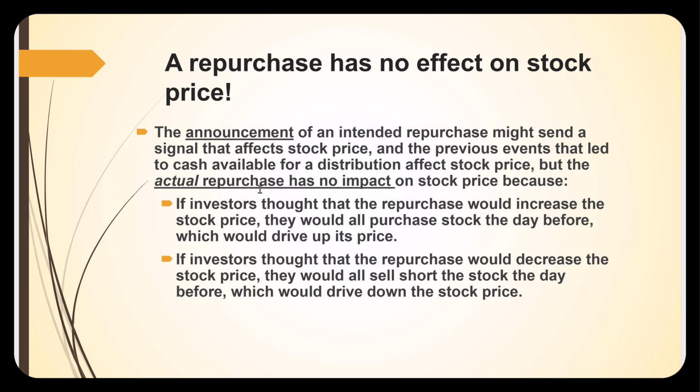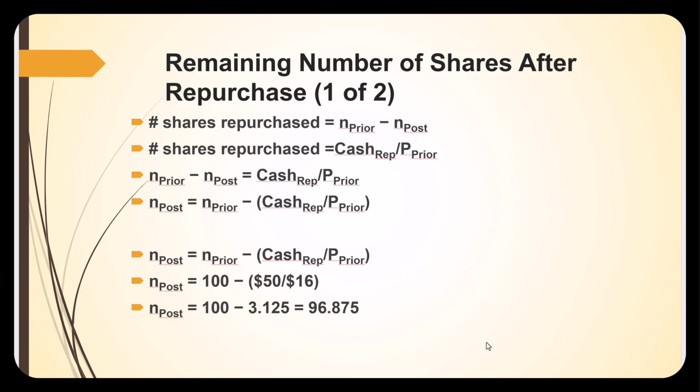So again, the actual repurchase itself has no impact. It's the information that may have that. So if investors thought that it was a good idea, that it would increase stock price, they'd all go out and buy the stock the day before, and of course that would drive the price up. So again, it's the information that's given that changes the price, not the actual distribution itself.